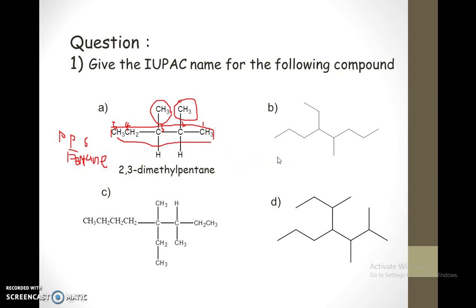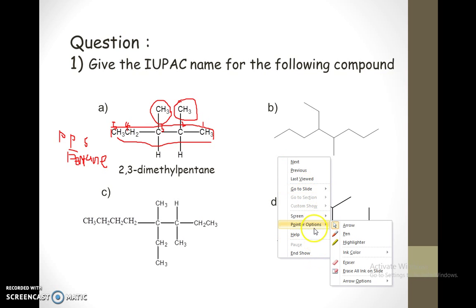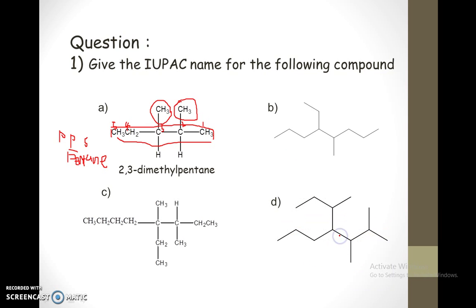Okay, next look at another question, B. So this is a stick or line organic compound. If you notice here, this is the longest carbon chain. How to count the number?